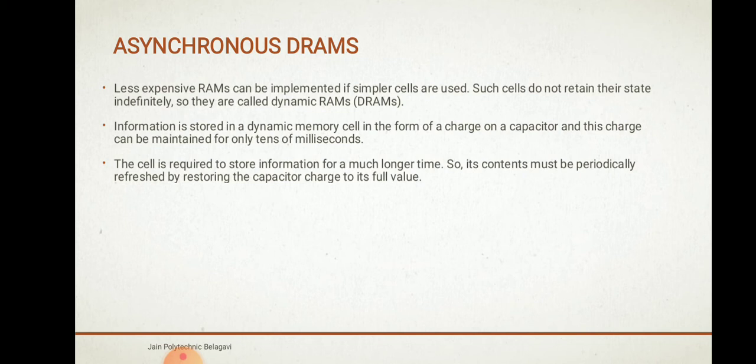This can be done by periodically charging the capacitor to its full value. Whatever information is stored, it is stored as a charge on a capacitor, so it will be there for only tens of milliseconds, and after that the information gets lost. So after every 10 milliseconds or so, we should again refresh the contents so that the capacitor gets charged to its full value.